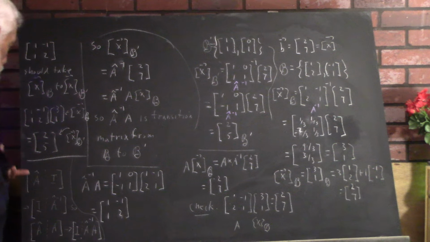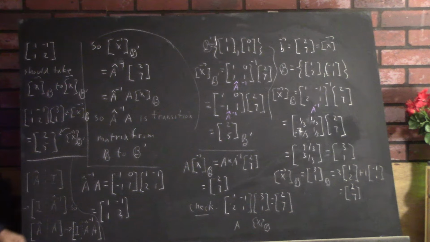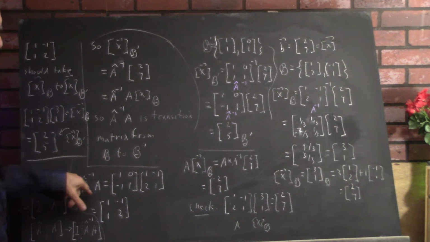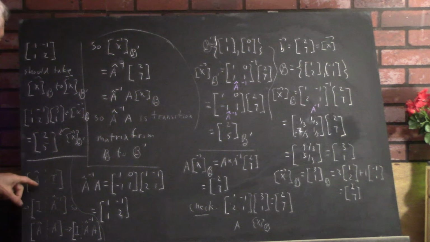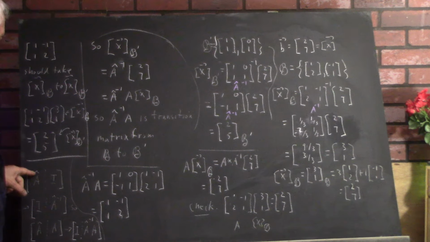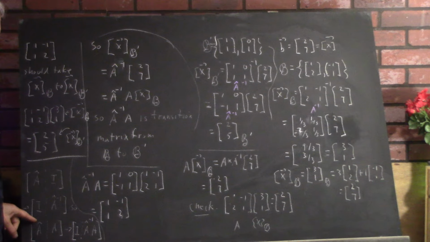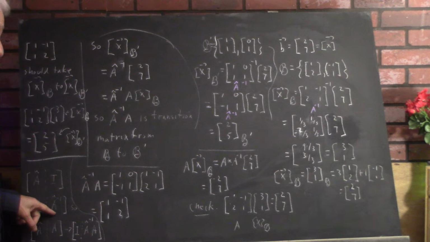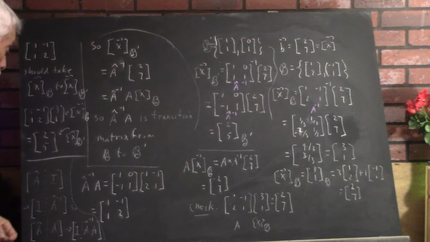Now, I just mentioned this slick way to get this matrix without having to deal with two matrices. If you take A hat augmented by I and reduce the A hat to I, then the I reduces down to the inverse of A hat. Very familiar process from earlier in the course.